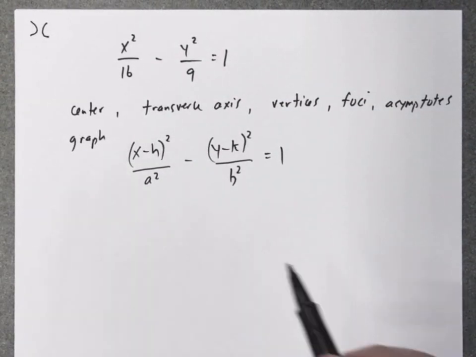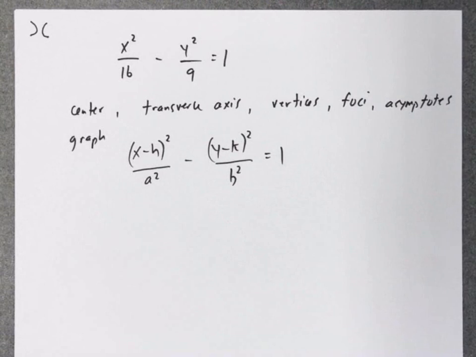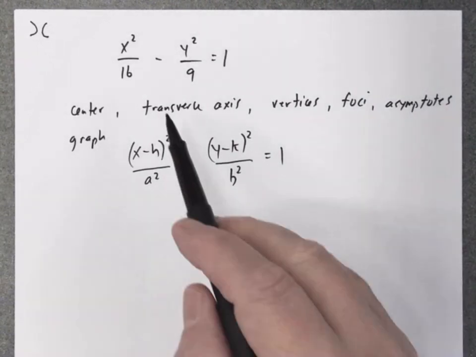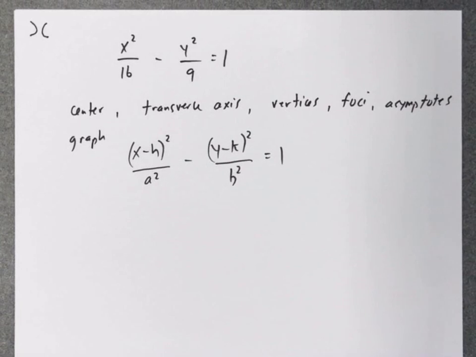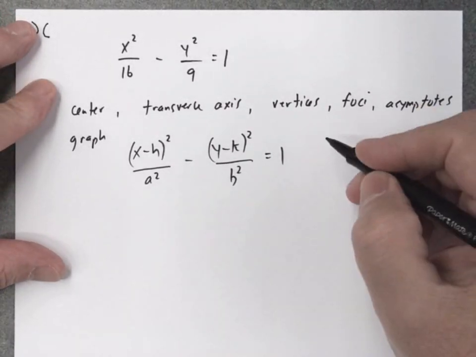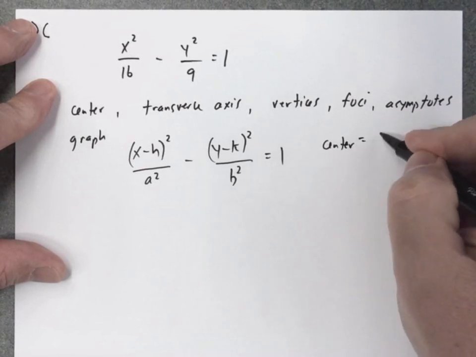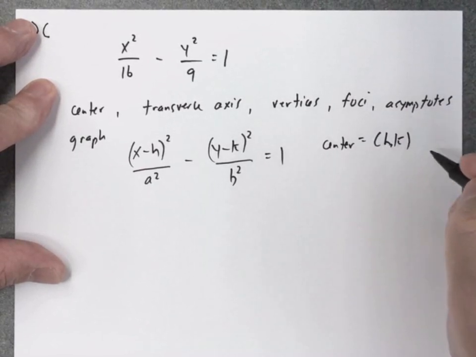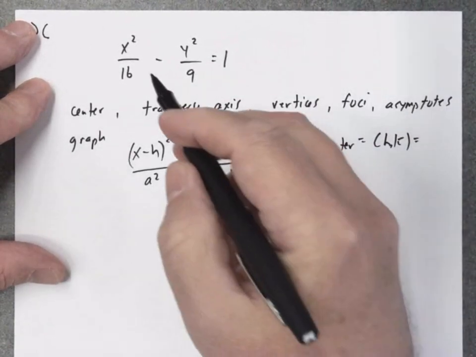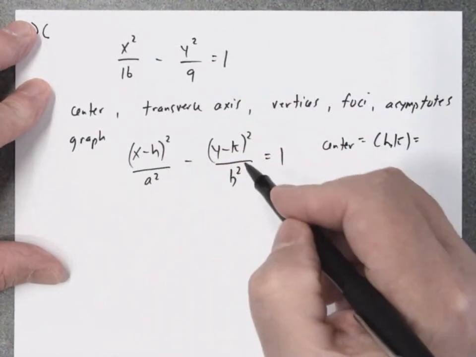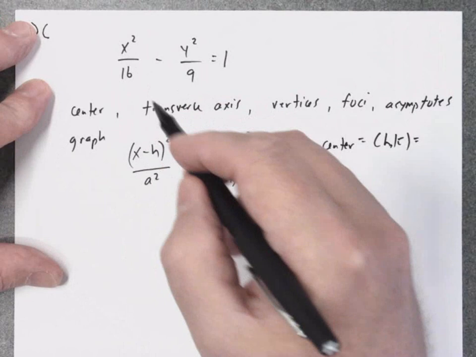So we need to determine h and k and a and b to figure out all the stuff we're asked for. Well, the h and the k are pretty easy. First of all, the center is h and k, and in this case, you notice in the standard equation we have these parentheses, but here there's no parentheses.